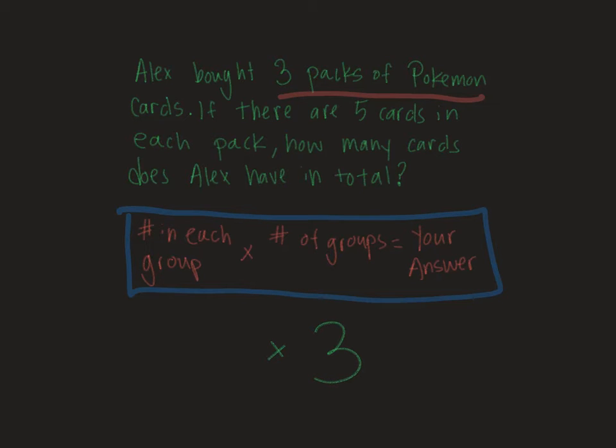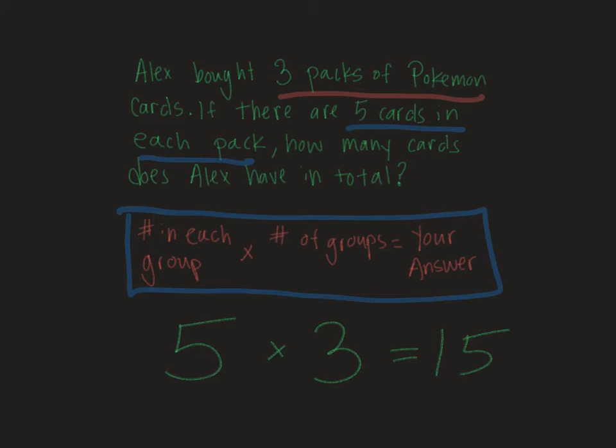Now, how many are in each group, or in each pack of Pokemon cards? It says here that there are 5 cards in each pack. So we'll go ahead and put the 5 in our number in each group. So now we have 5 times 3, which equals 15.